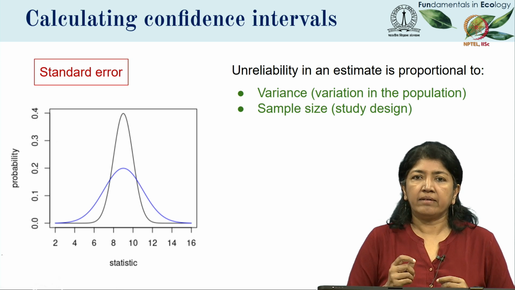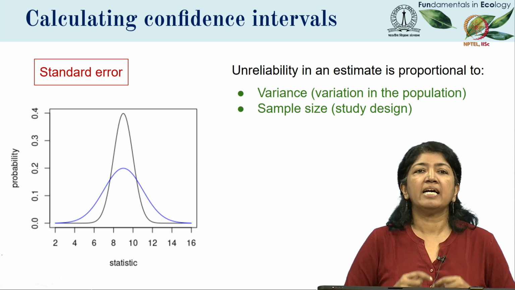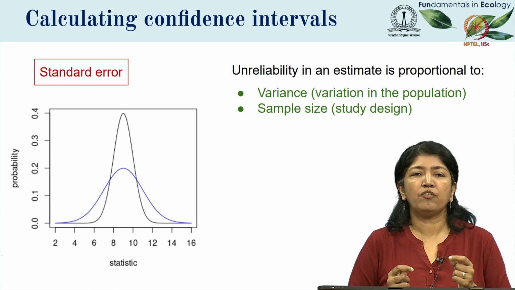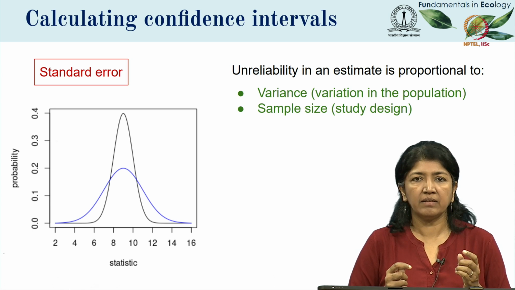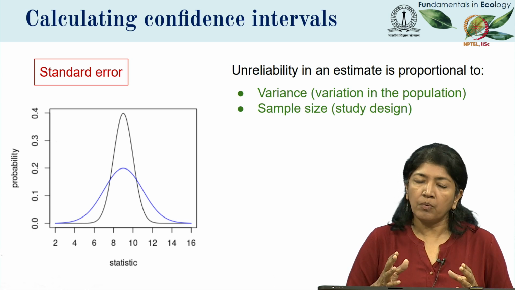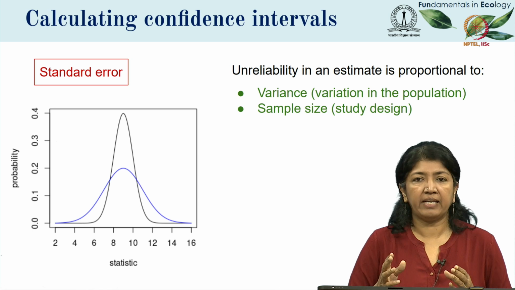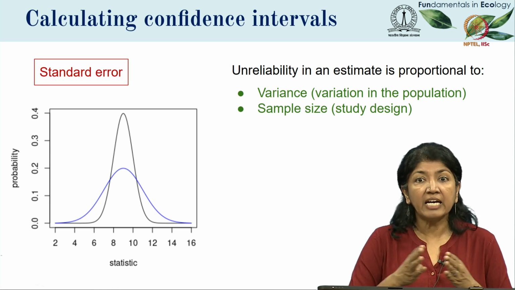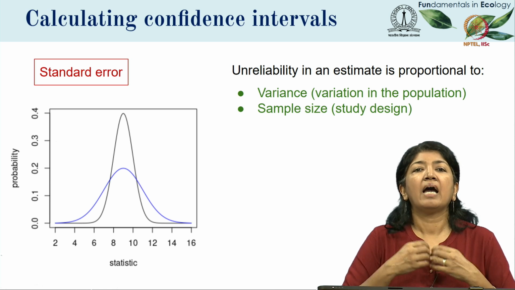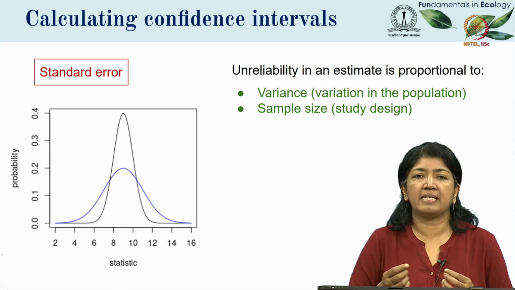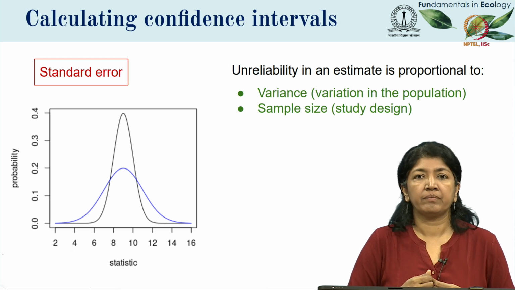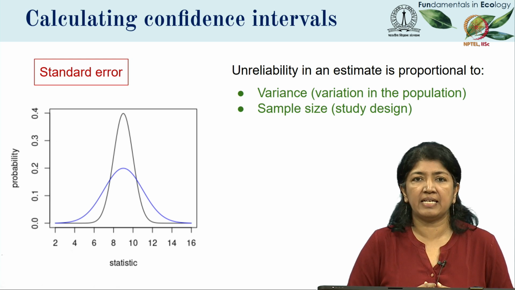So, again, just as we discussed before, let us reiterate that our measure of precision, the standard error, depends both on variance, which measures the variation in the population, and sample size, which is a feature of the study design.